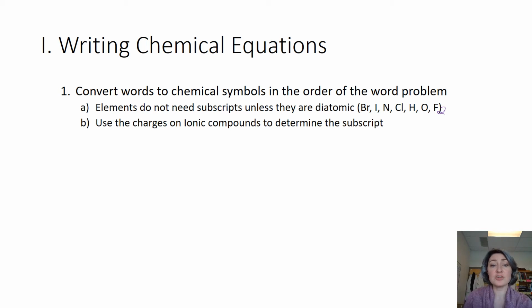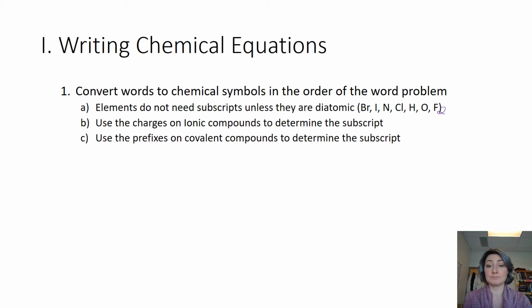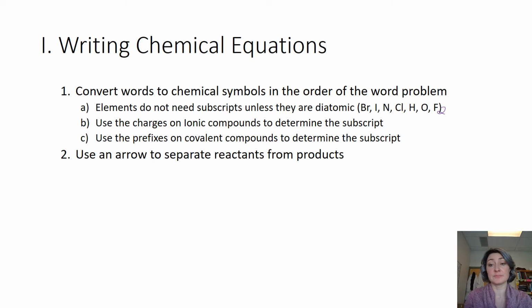You're going to use the charges on ionic compounds to determine what the subscript should be. The goal is to create neutral compounds. You're going to use prefixes on the names of covalent compounds to determine your subscript for covalent compounds. And then finally, you are going to use an arrow to separate your reactants from your products.